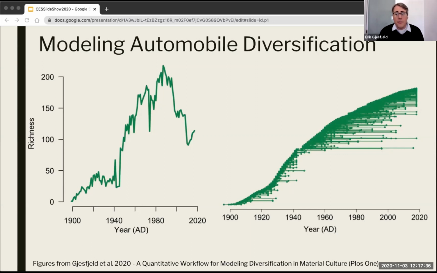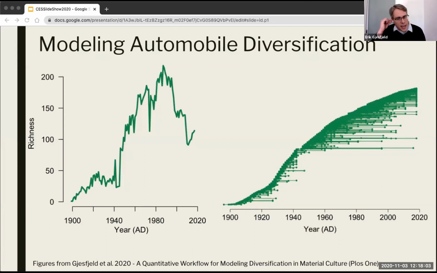If we look at lifespans, we see a similar pattern: car model lifespans between basically 1900 and 1940 are much shorter than car model lifespans after World War II. There are a number of reasons why that happens, but we can clearly see this dynamic, especially in the graph on the right, of very short lifespans early on and much longer lifespans later on.